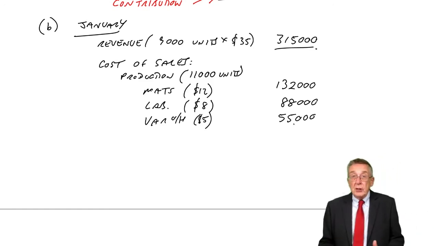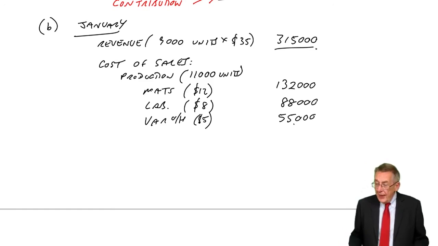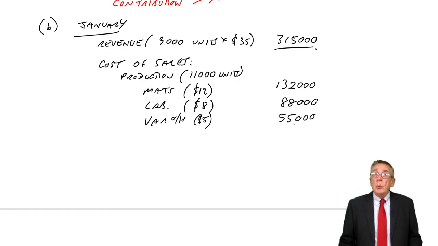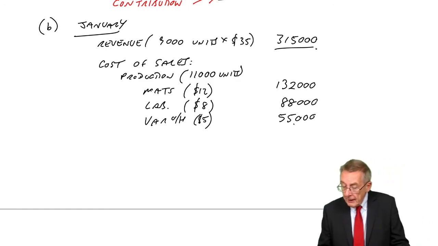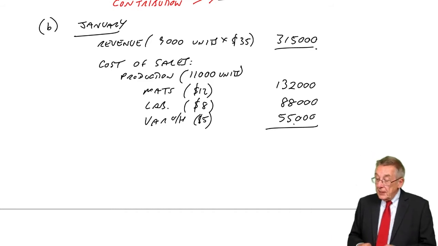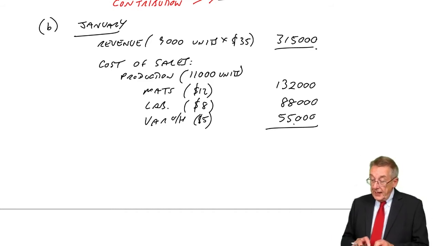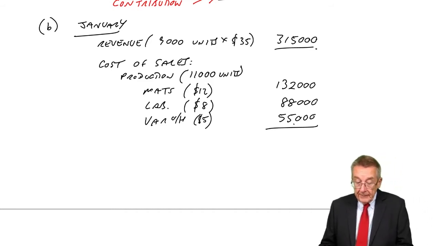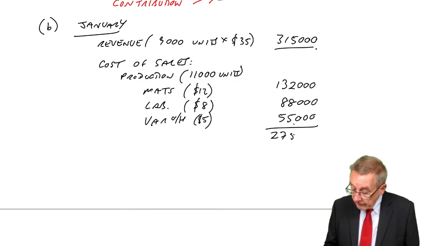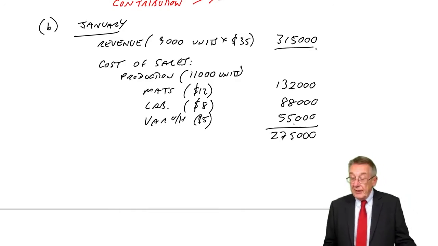However, with marginal costing, for the moment we stop there. For the moment, we only look at the variable, the marginal costs. We'll worry about fixed costs later. So the variable cost of production, 132 plus 88 plus 55, 275,000.